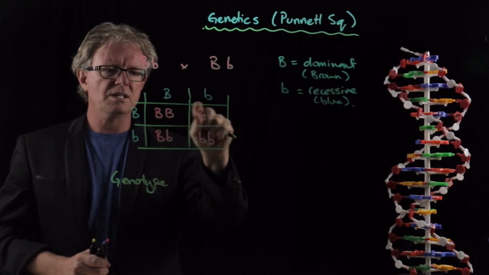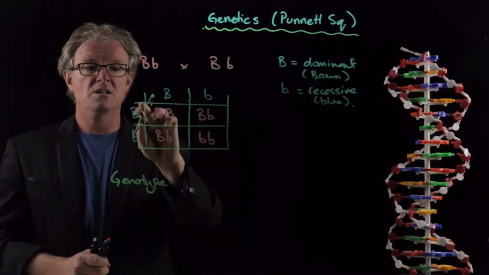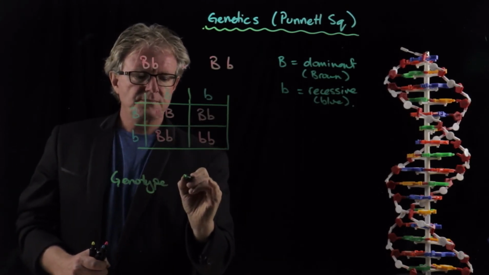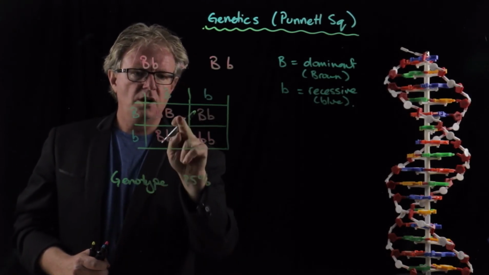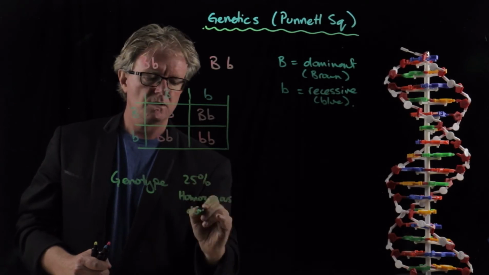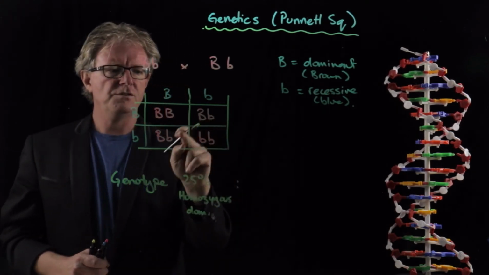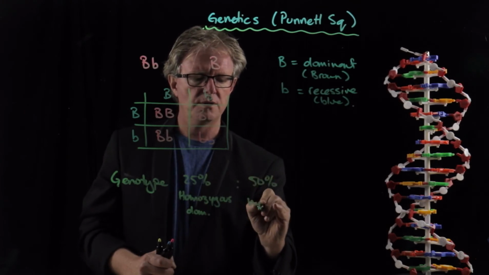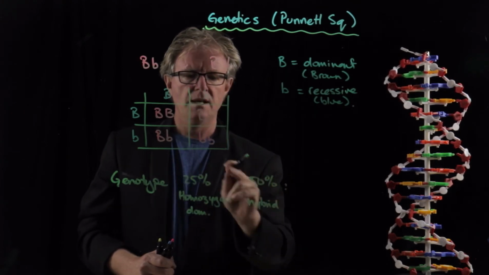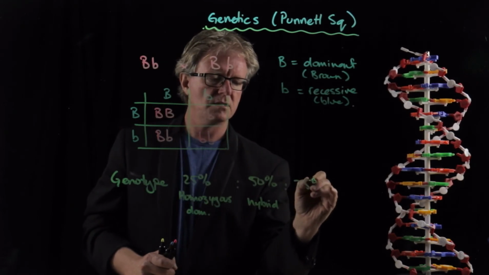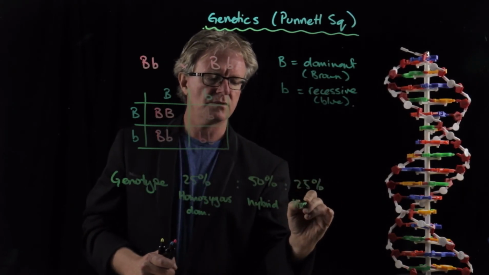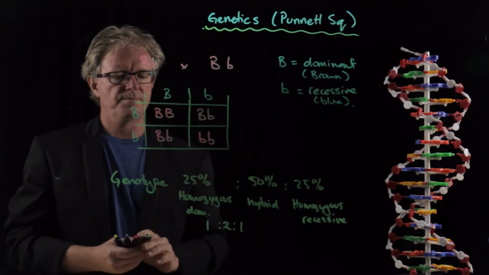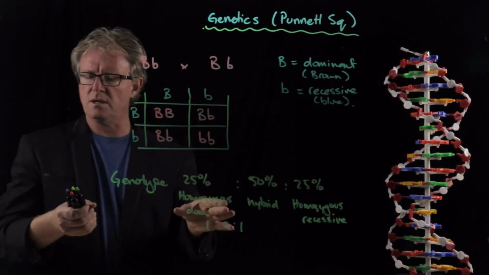Well, if we say that each square represents 25%, so the whole thing's 100%, then we have 25% homozygous dominant. We have 50% heterozygous or hybrid, and then we have 25% homozygous recessive, which is 1 to 2 to 1. Okay, in terms of genotype.